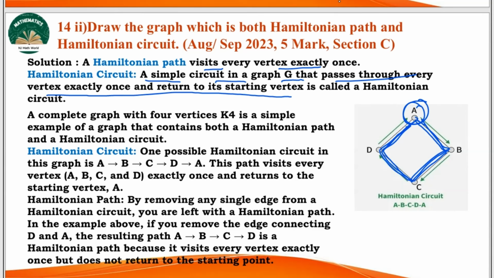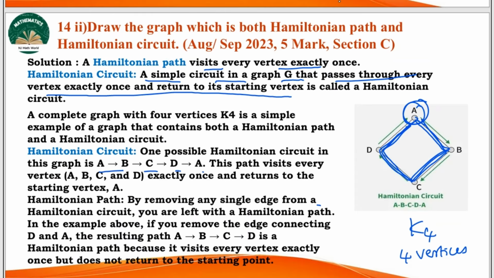So here a complete graph with four vertices, K4, is a simple example of a graph that contains both a Hamiltonian path and a Hamiltonian circuit. So this is the K4 graph with four vertices. One possible Hamiltonian circuit in the graph is A to B, B to C, C to D, D to A. This visits every vertex A, B, C, D exactly once and returns back to the starting vertex A. Then for the Hamiltonian path, by removing any single edge from the Hamiltonian circuit, you are left with a Hamiltonian path.